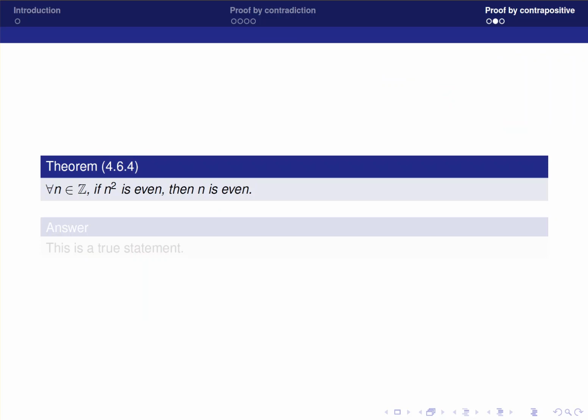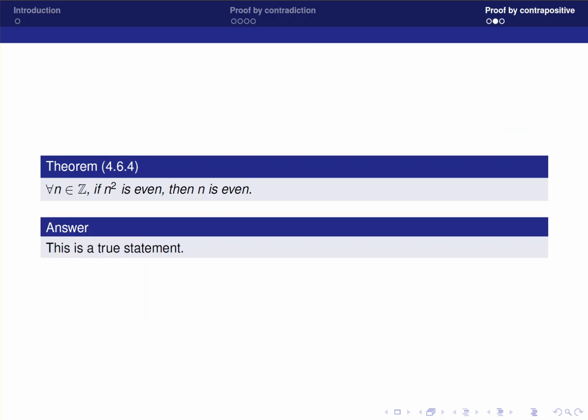So the first theorem I'm going to do is going to prove that for every integer n, if n squared is even, then n itself must be even. This is a true statement. Now, why can we not do this problem directly? Suppose I assume that n squared is even, which means now I can write n squared as 2k.